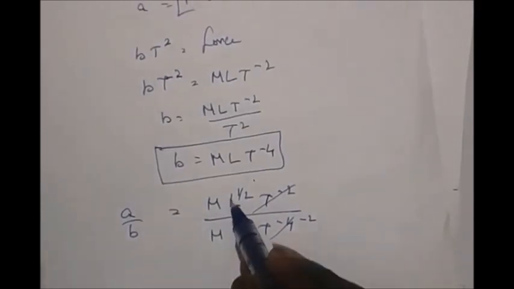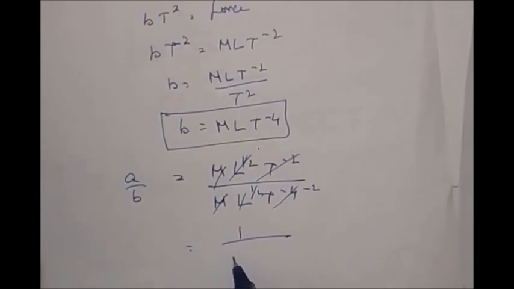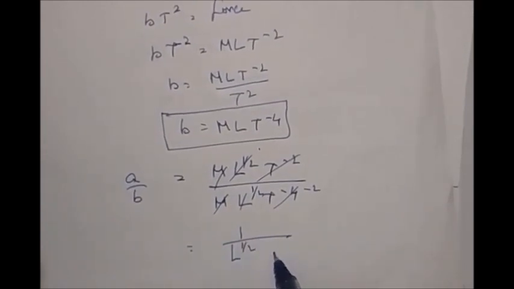L gives you minus half, and T gives you T^2. So L^(-1/2) T^2 will be the dimension of A upon B. So this is going to be the final answer for you.